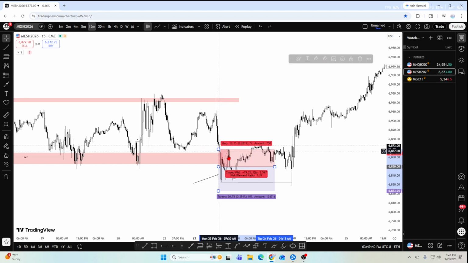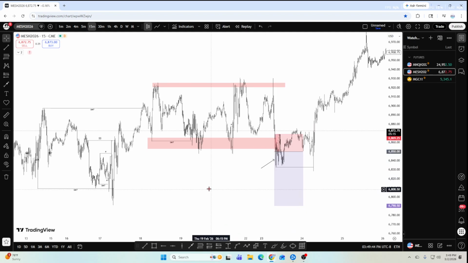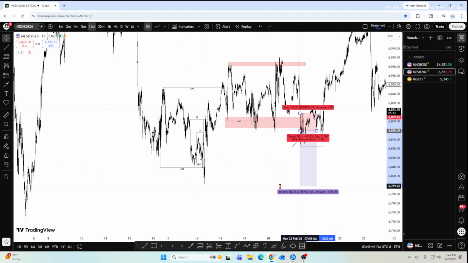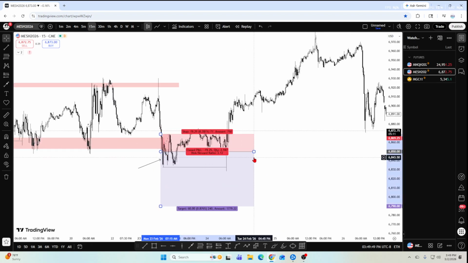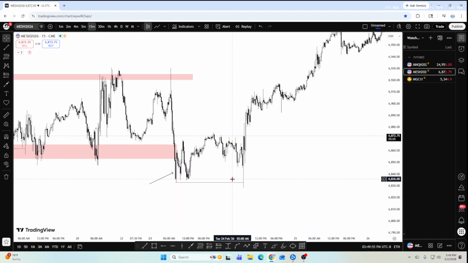They'll probably put a stop loss in this area and target a recent low or just wherever they think price is going to go. Now, clearly, this was not going to work because price is going to move higher.